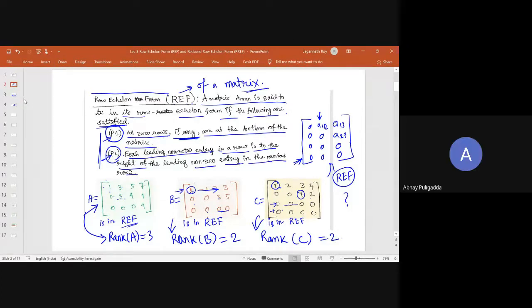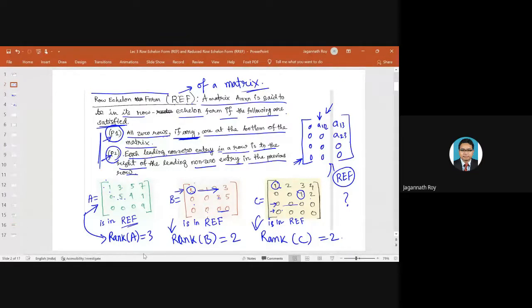I have a small doubt: A11 should always be non-zero, right? No, it is not mentioned. Property 1 says that A11 need not be non-zero all the time. So like a null matrix is already in its REF form, I guess.